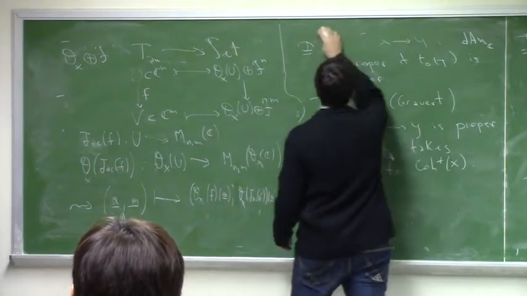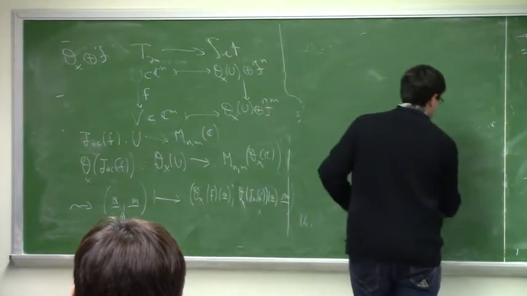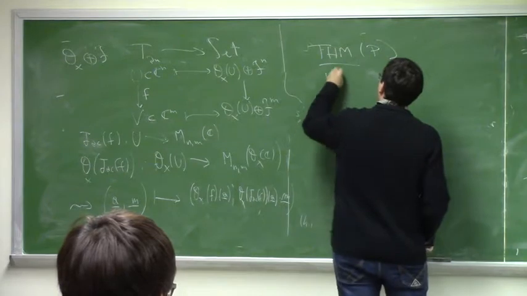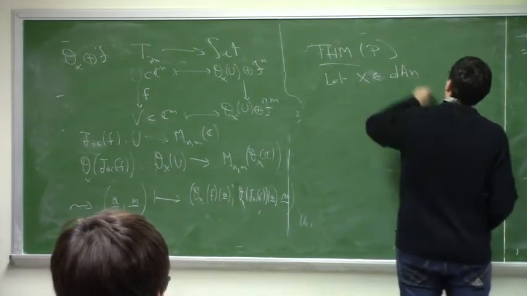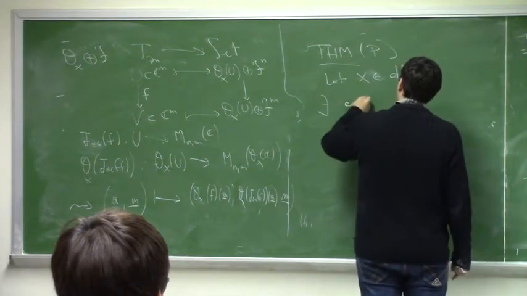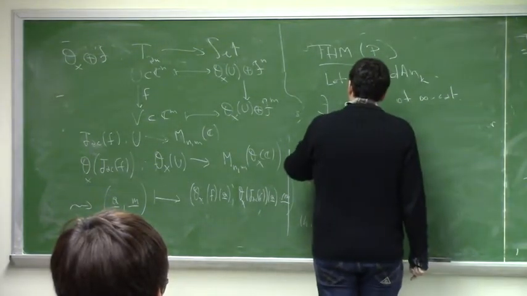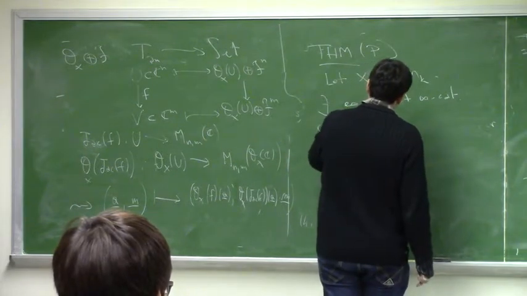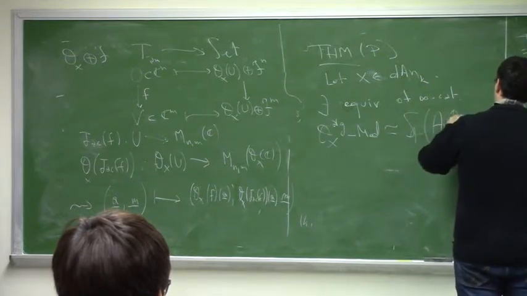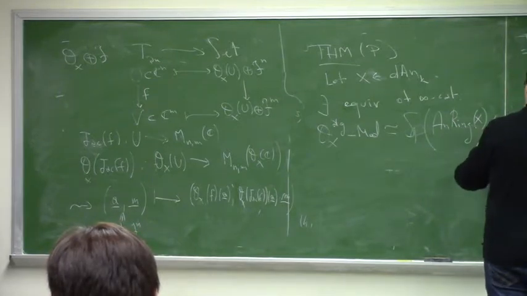So how to make sense of this in general? The key is the following theorem. Let X be a derived analytic space. Then there exists an equivalence of infinity categories between the category of modules on the underlying algebra and the stabilization of analytic rings on X over OX.